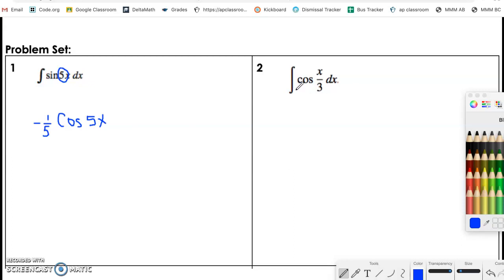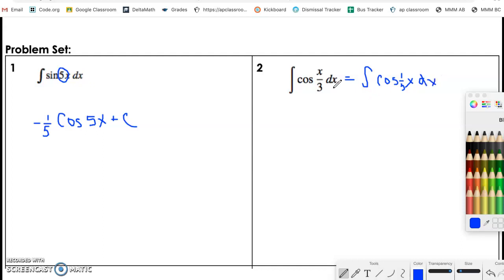Now, for cos x over 3, remember this is the same thing as the integral of cos 1/3 x dx.